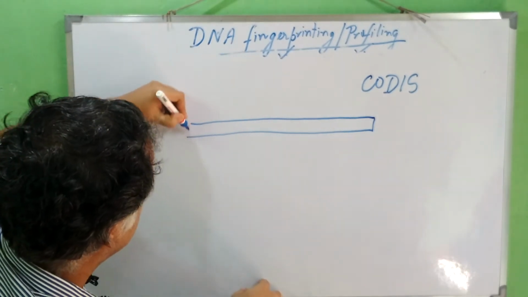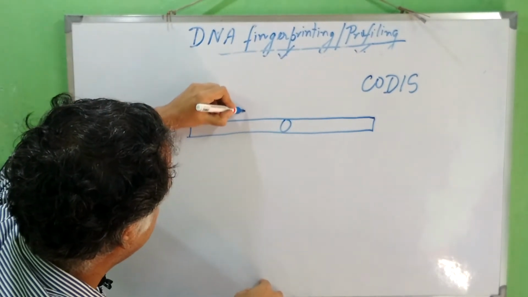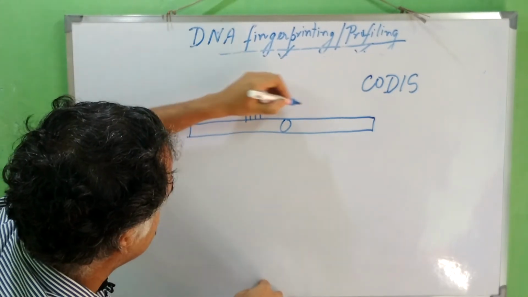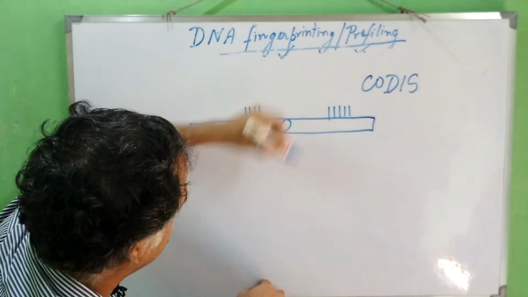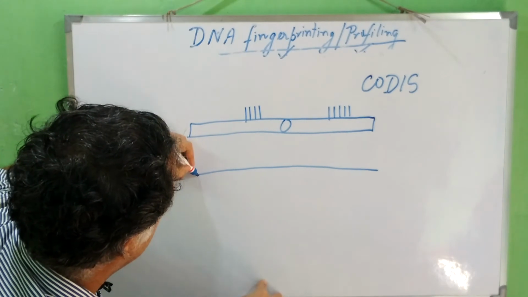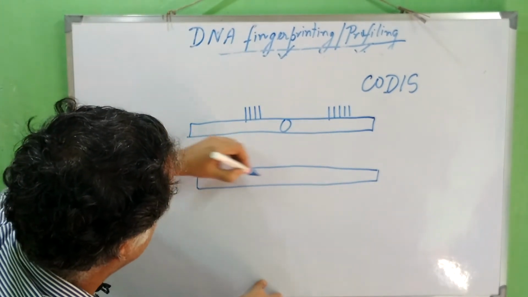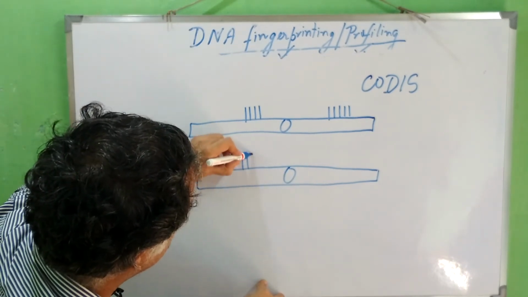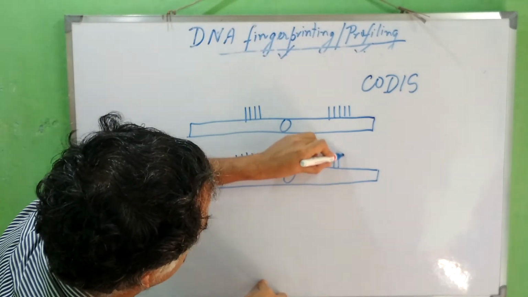So let's say this is chromosome 1, and you have a microsatellite here which is being repeated 1, 2, 3, 4 times, and over here it is being repeated 1, 2, 3, 4, 5 times. And in another individual, I'm just taking one of the chromosomes here, it is being repeated 1, 2, 3, 4, 5, 6 times, and it is being repeated 1, 2, 3 times.